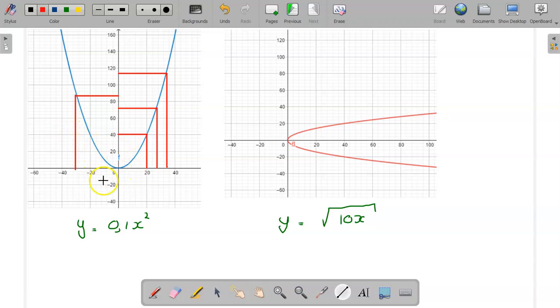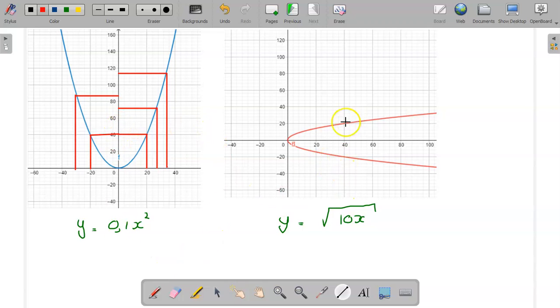Now, in this example, you agree that if I took minus 20 and 20, and if I plugged it in, I would get the same answer, which is 40, right? Now, a function passing the vertical line test means that any vertical line I draw will give me only one output. Even if I have a different input, it's still only going to give me one output.